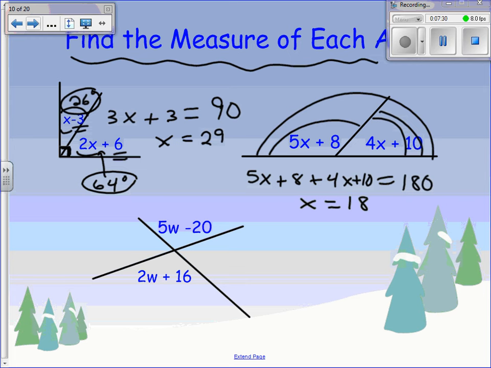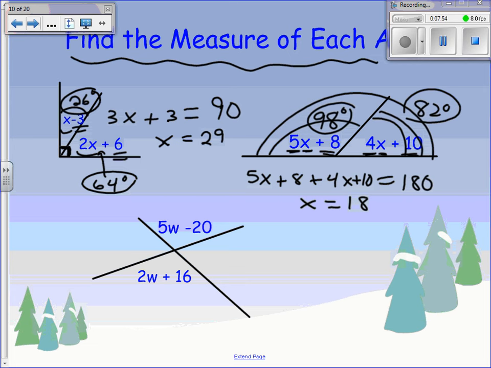Go right in and plug in to find the missing angles because it asks you to do that. 5 times 18 plus 8 gives you 98 degrees, and 4 times 18 plus 10 gives you 82 degrees. Together, you could check by adding and ensuring it equals 180 as it does.